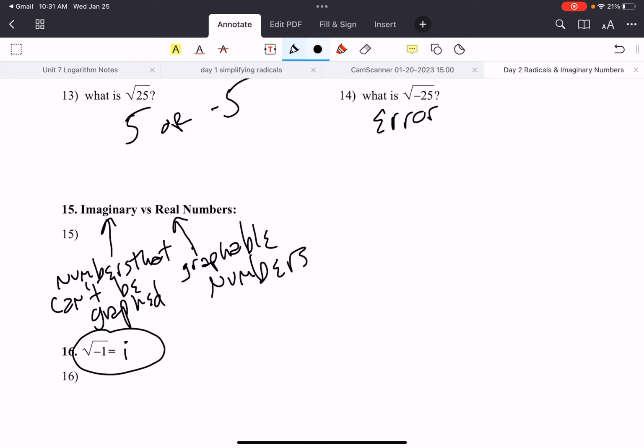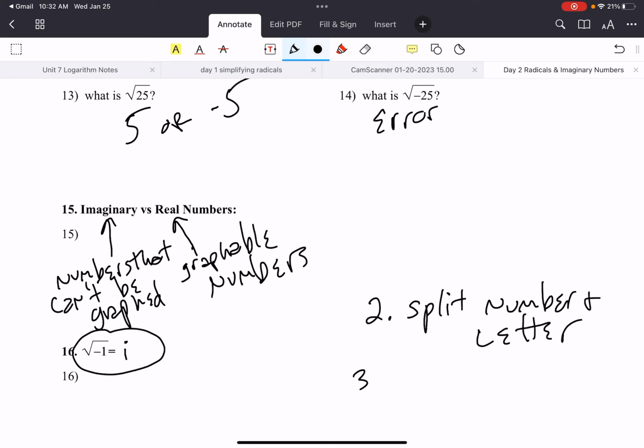Now on the last page, the first thing I always wanted you to do is to split your number and your letter. But that's step 2 from now on. Step 2 is to split number and letter. And step 3 is to factor tree like normal.